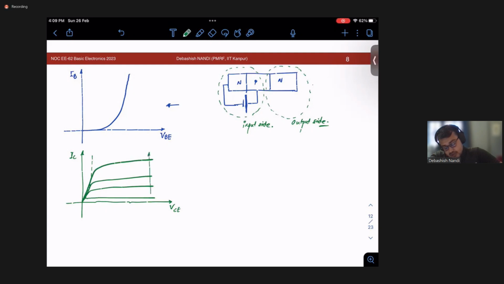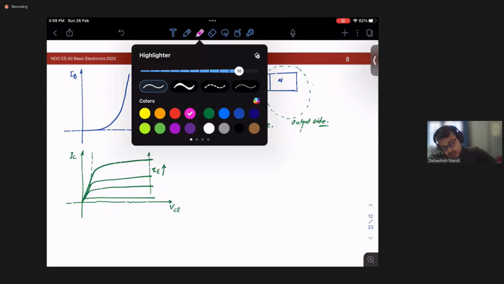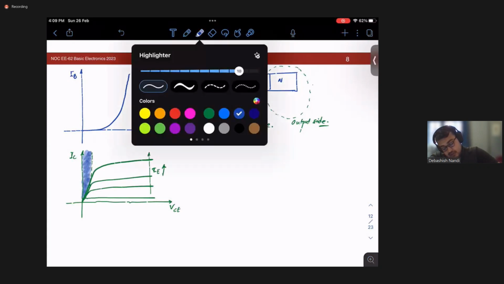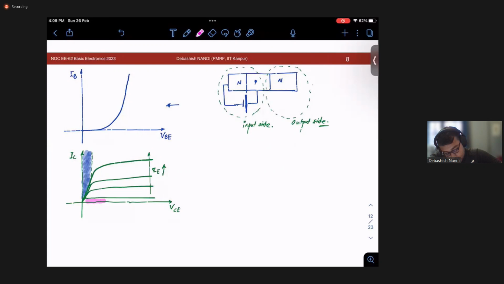This is nothing but your IE moving up. So if I have to tell you the regimes, this will be your saturation, this will be your cutoff, this will be your saturation, this will be your cutoff, and this region is called generally forward active.